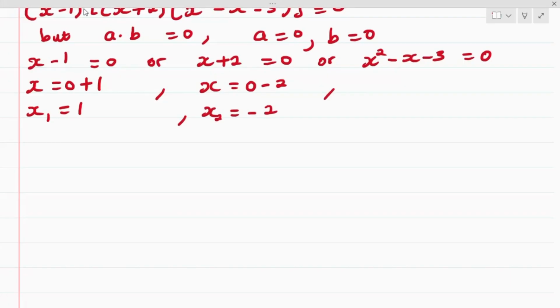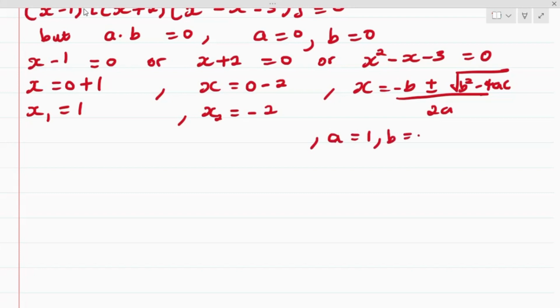So from here, we want to simply apply the quadratic formula that says x is equals to minus b plus minus the square root of b squared minus 4ac divide what? 2a, where we have a is equals to 1, b is equals to negative 1, and c is equals to negative 3.